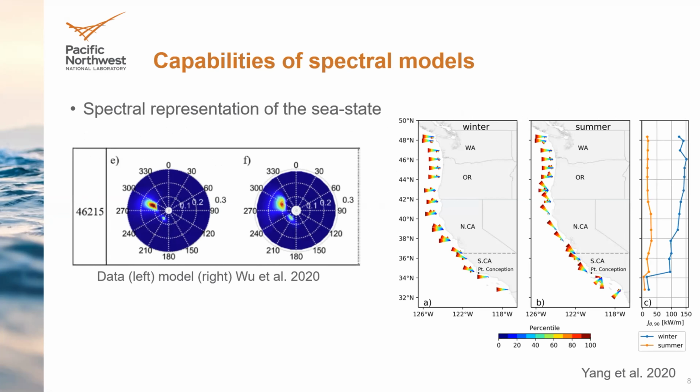Here on the left-hand side is some work we've been doing on the West Coast, and you have wave spectrum measured on the left and modeled on the right. In the colors, the hotter colors indicate more energy. As you move in the radial direction, the waves become shorter as you go outside the circle, and directions are in nautical convention.